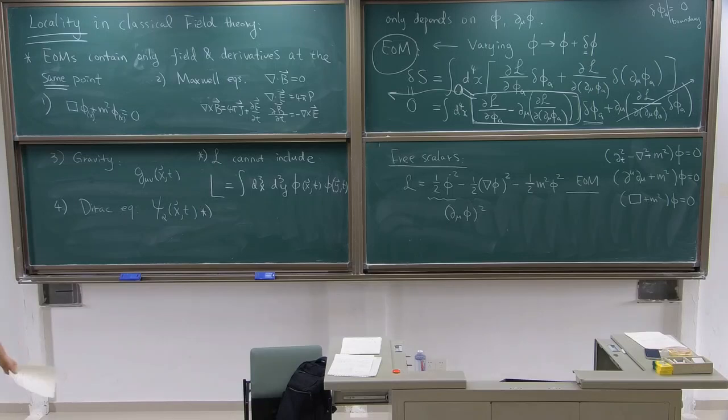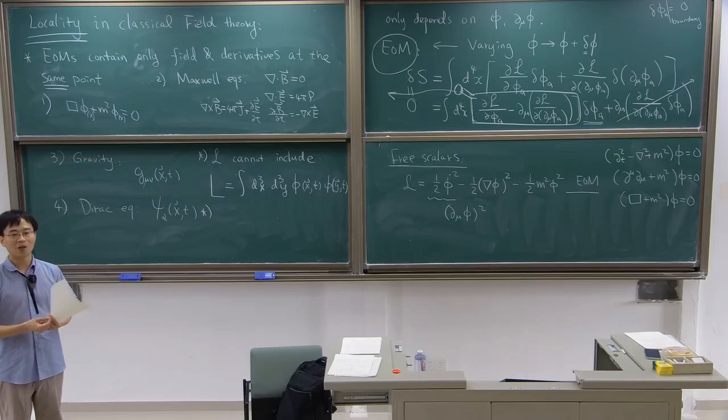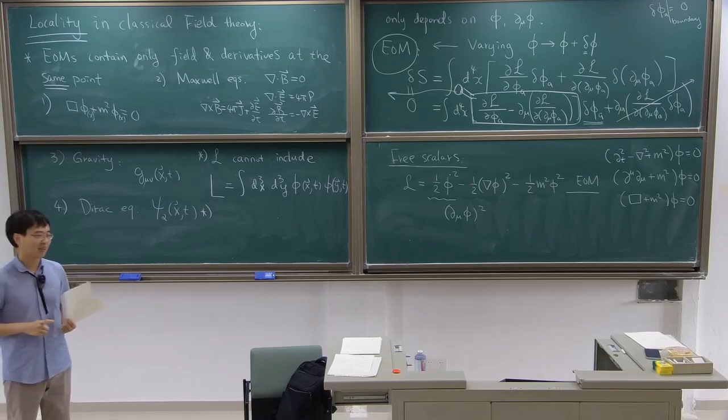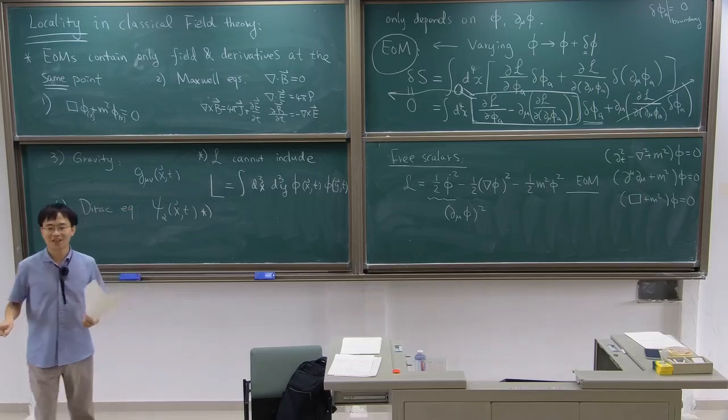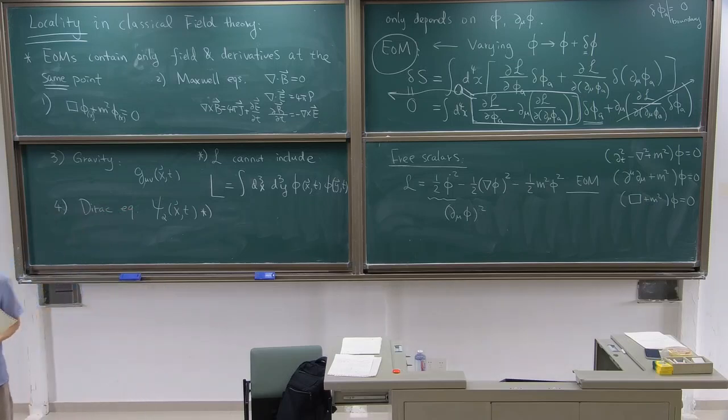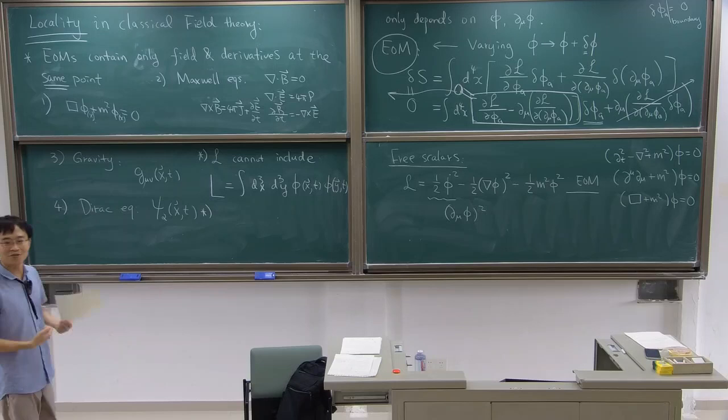Okay? That's very simple from one direction. For instance, we don't like something acting over a long distance immediately, right? We think all the interactions should involve some propagation. Okay? That's essentially how we realize the importance of the locality. So, in this background, we introduce the field.